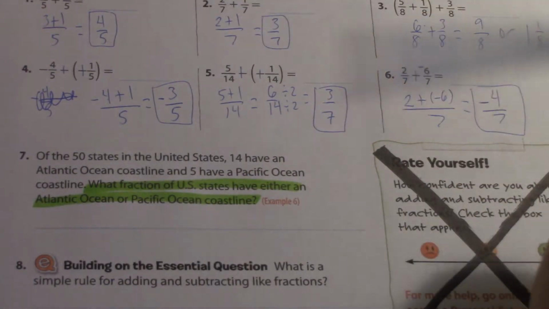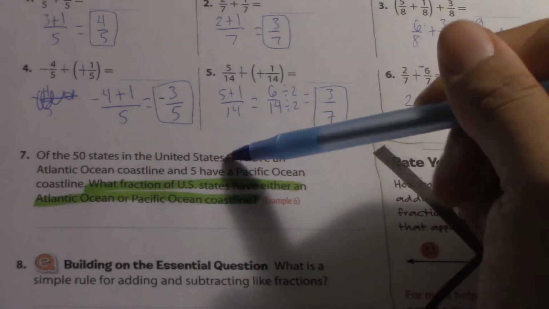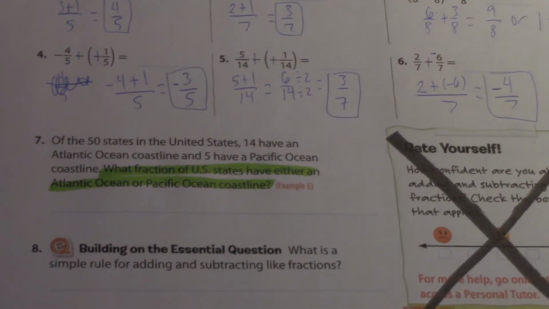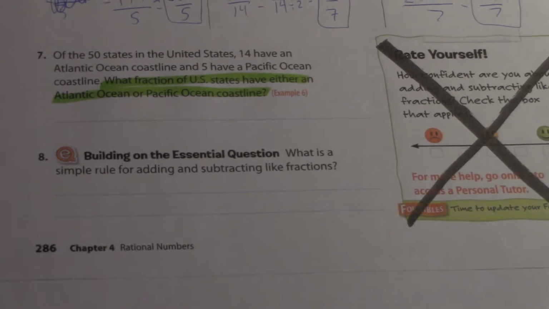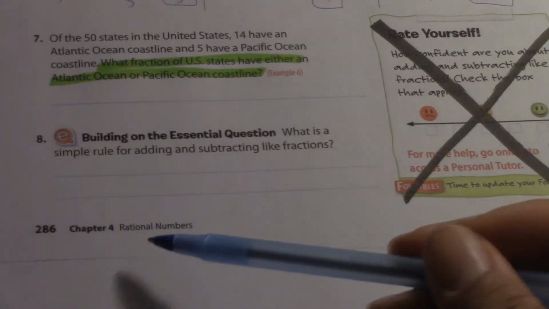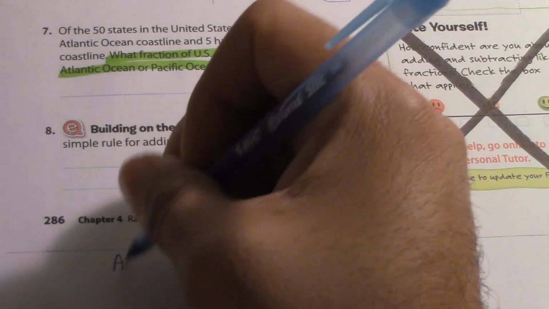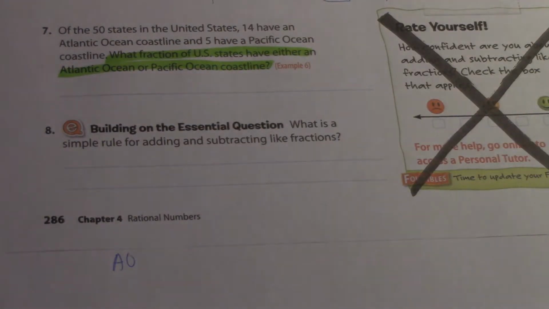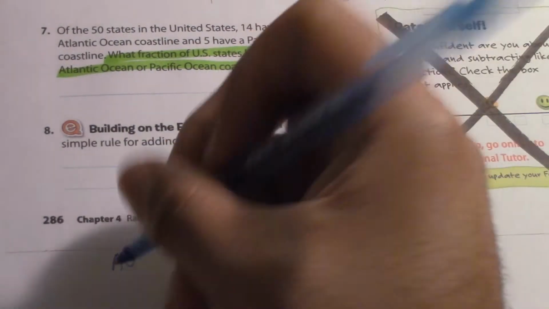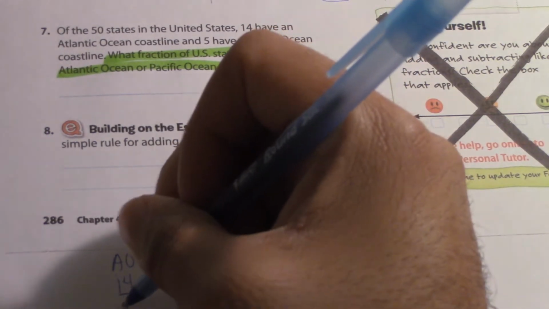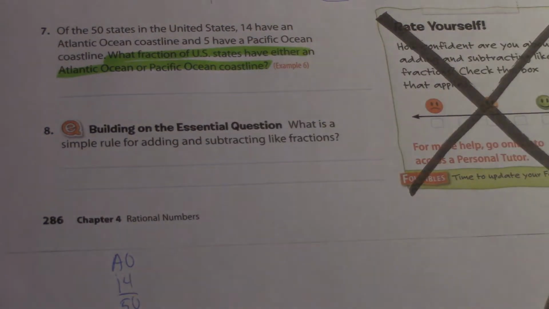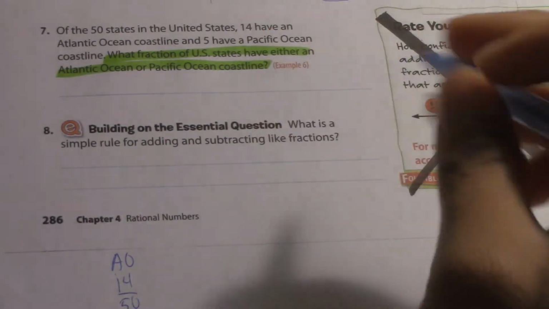So we have, out of 50 states, 14 have an Atlantic Ocean coastline. So I'm actually going to show my work right here. I'm going to put AO, which is my abbreviation for Atlantic Ocean, 14 out of 50 states are along the Atlantic Ocean.